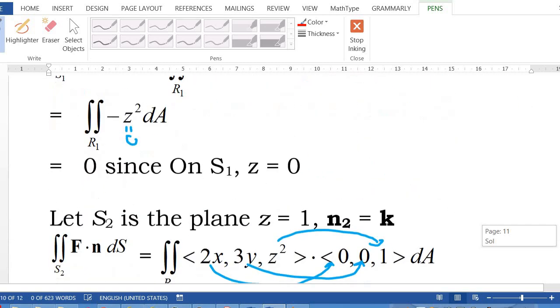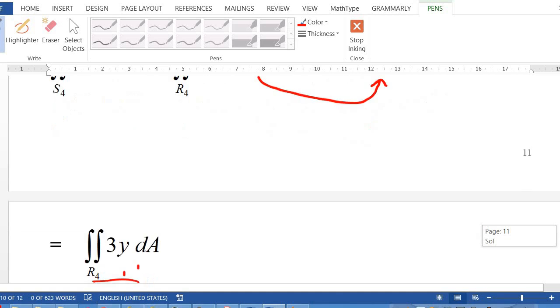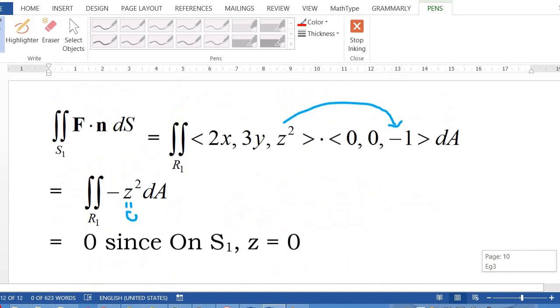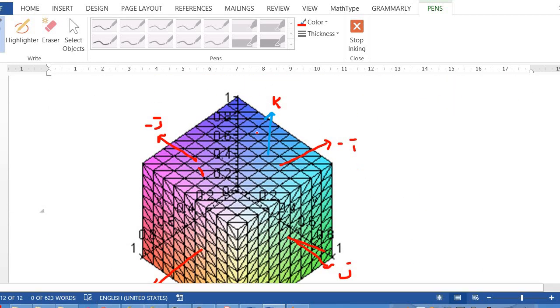So S5 is on x equal to 0. Surface S5 on x equal to 0 is on the zy plane. So the flux flowing out, parallel with the zy plane, the unit normal vector is negative i.